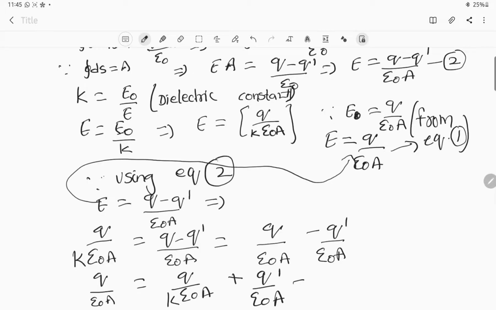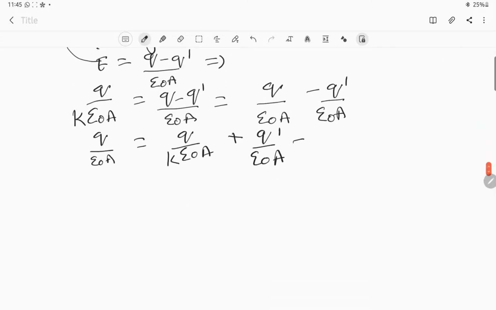Clear everybody? So now what you can do is take epsilon naught common.